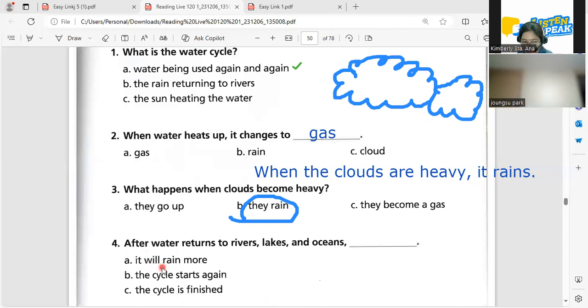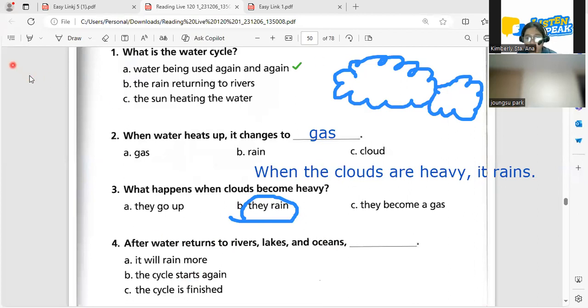It will rain more, the cycle starts again, or the cycle is finished. What do you think? The cycle starts again. Very good.